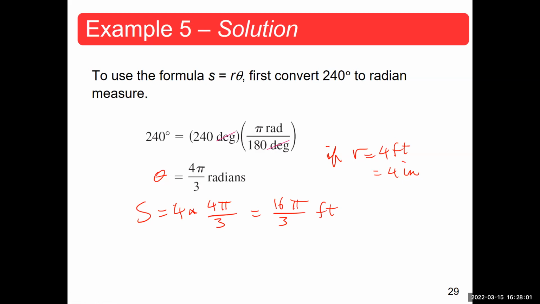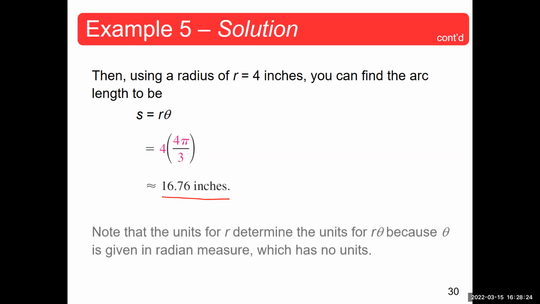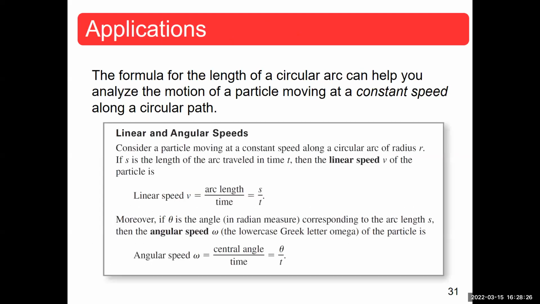But you have to remember, always convert to radian. I say they said inches here, so basically the last answer is 16.76 inches. That is how long is that curve for the given angle. Linear and angular speed.